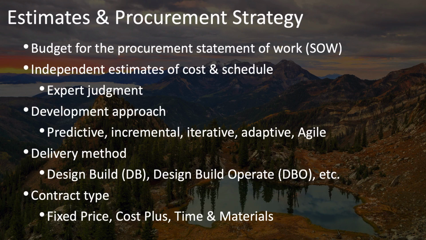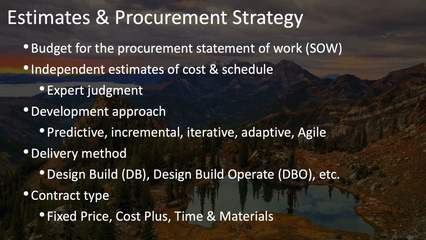Then you can work on your development approach. For this portion that you want to outsource, is it a better fit to use a predictive approach or something along the spectrum more toward adaptive or agile based on how much unpredictability or uncertainty you have in this work?